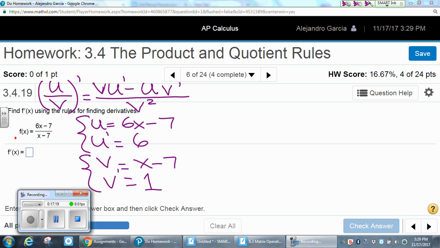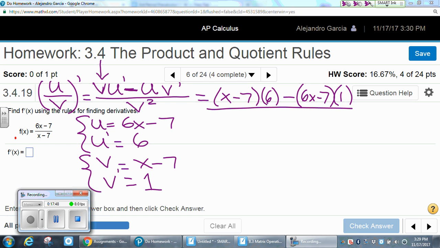So following the formula, first x minus 7 times u prime, and u prime is 6. Then we have a minus. That's very important. You guys remember that. Minus u, which is 6x minus 7, times v prime being 1, over v squared, so x minus 7 squared.